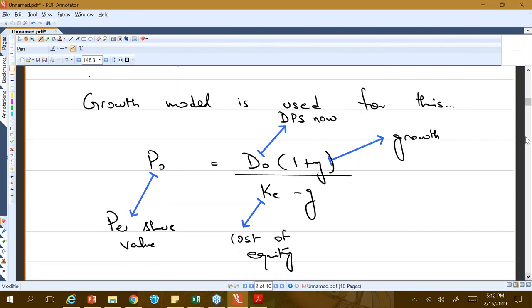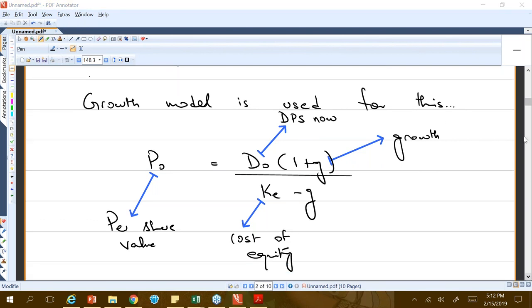From an investor's perspective, it is RE, and from the business's perspective, it's KE, which is a cost. It doesn't matter if you say RE or KE, but be sure that you understand what perspective you are looking at. From the investor's perspective, it's a return on equity. From the business's perspective, it's a cost of equity.